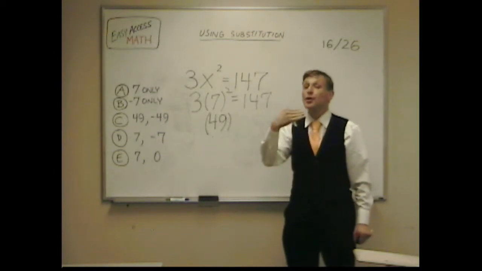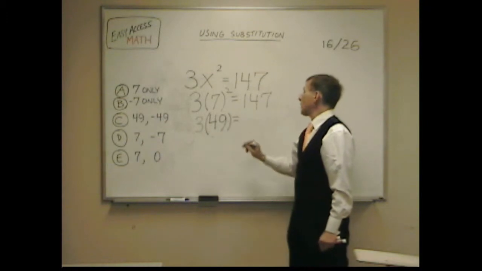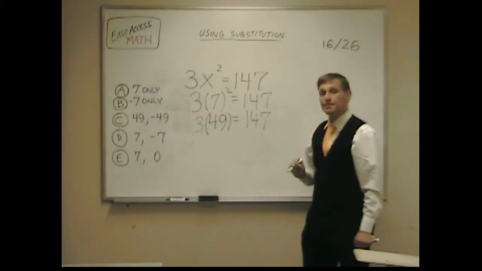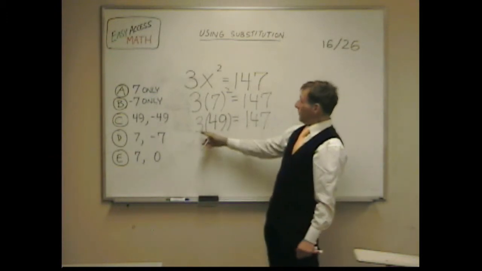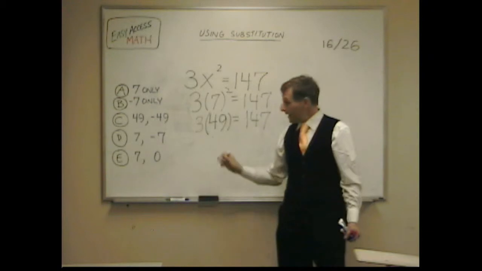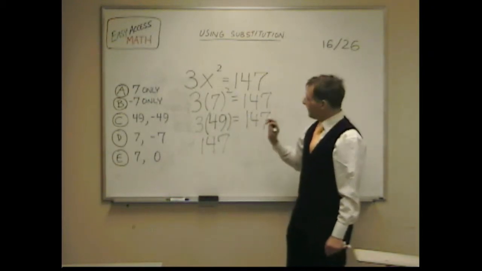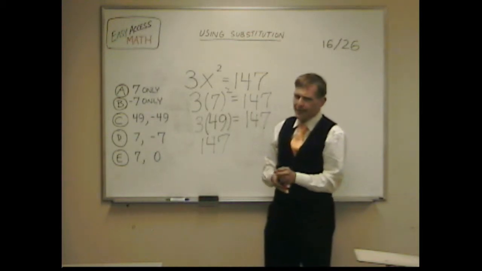You always do your exponent first. And now I have 3 times 49 is 147. Now, does that work? What is 3 times 49? Yes, it is 147.